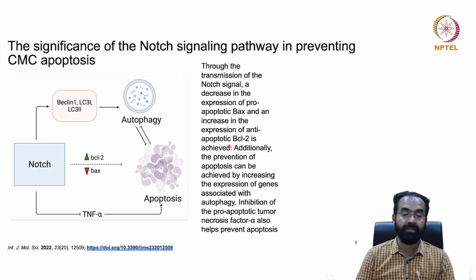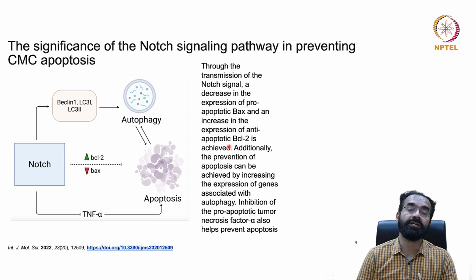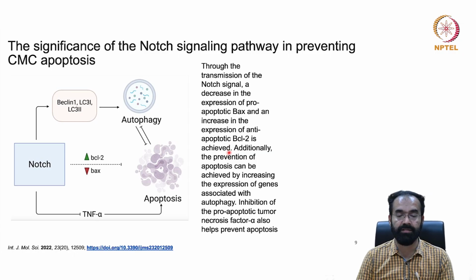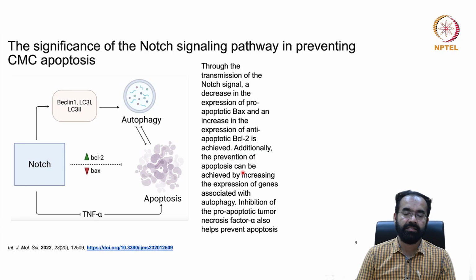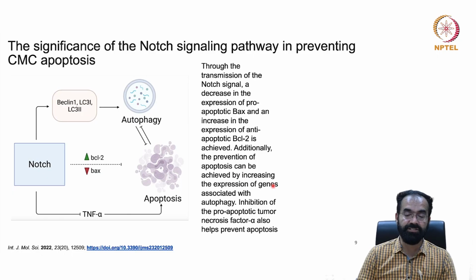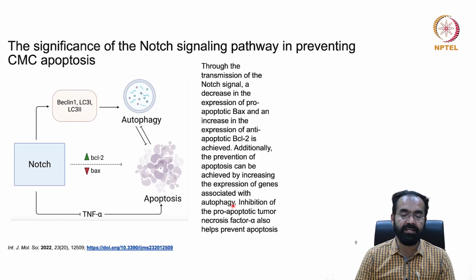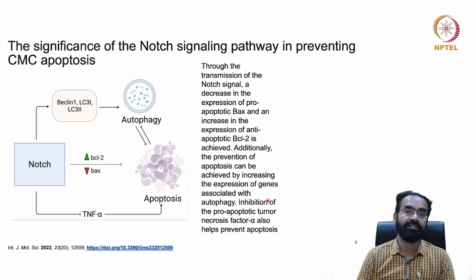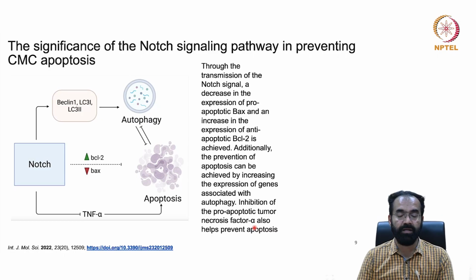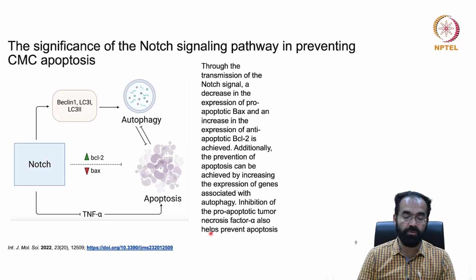Additionally, the prevention of apoptosis can be achieved by increasing the expression of genes associated with autophagy. Inhibition of the pro-apoptotic tumor necrosis factor alpha, which is also a pro-inflammatory molecule, also helps to prevent apoptosis.